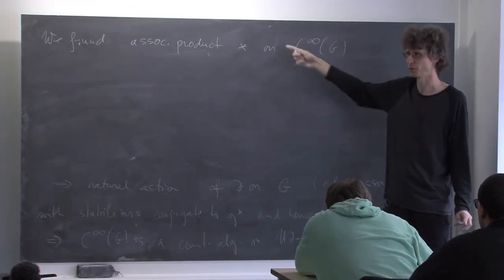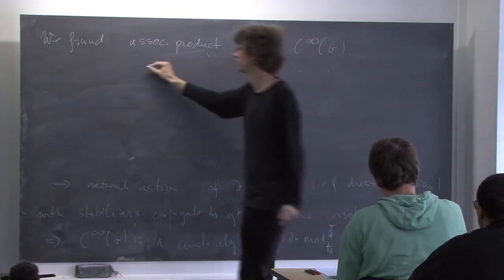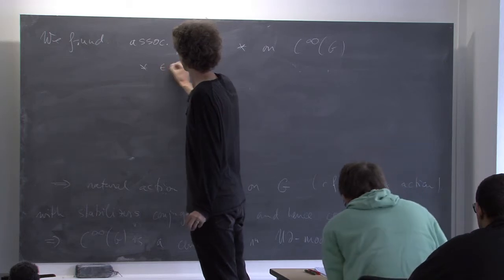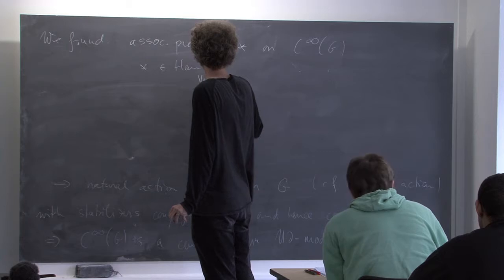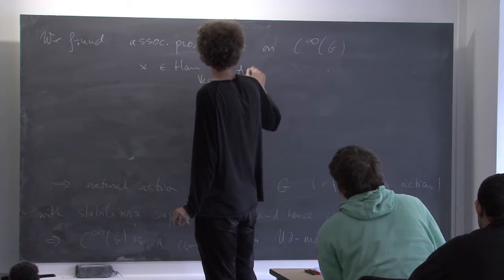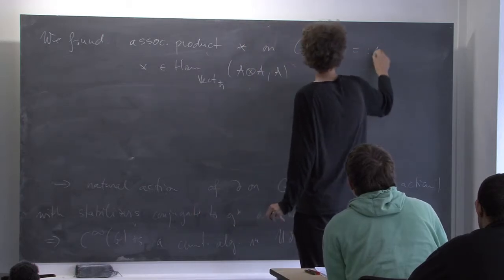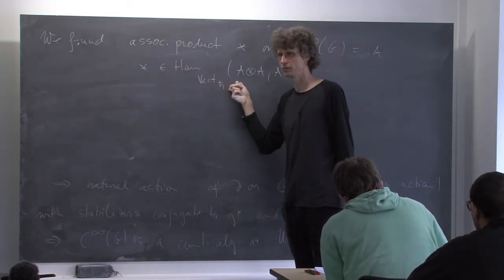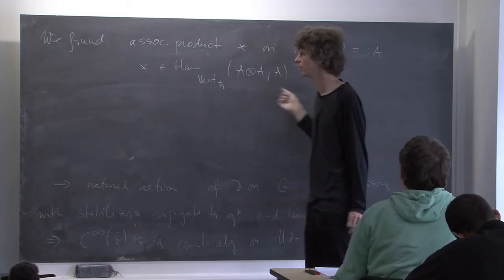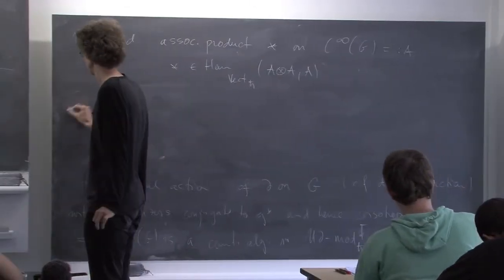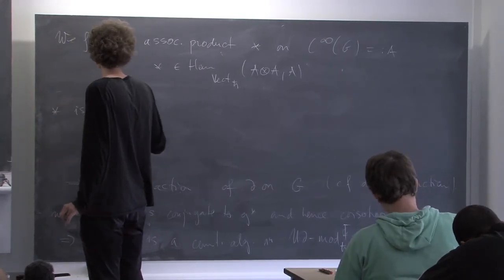So with some kind of deformation, you see that the product is in Hom over Vect[[h bar]] of A tensor A to A. So it's something that depends formally on h bar. That's why it's some deformation of something. And so this star is a star product.